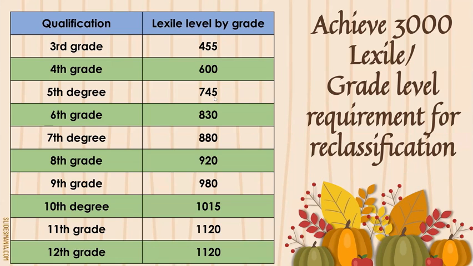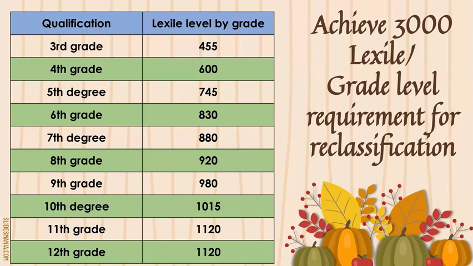If we keep moving down, ninth grade, we are looking for students to be able to read at the level of 980. And then finally, 12th grade, 1,120. So every single year, we are definitely wanting that increase of their level, as obviously, what is really demonstrating to us is their comprehension of what it is that they're reading.